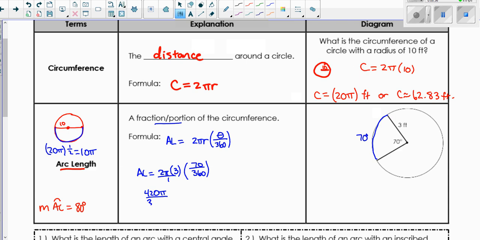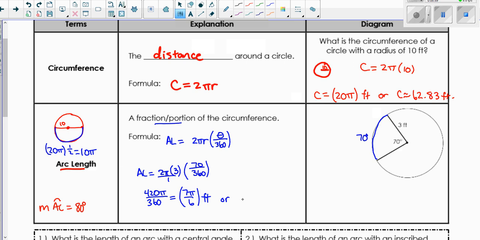So it would be 420 out of 360. And then I'm going to simplify that, and I can do that in my calculator. So remember that you would do 420 divided by 360, forget about pi, and then you would change that into a fraction. So I would get 7 pi over 6, and this is in feet. So that's my exact answer.